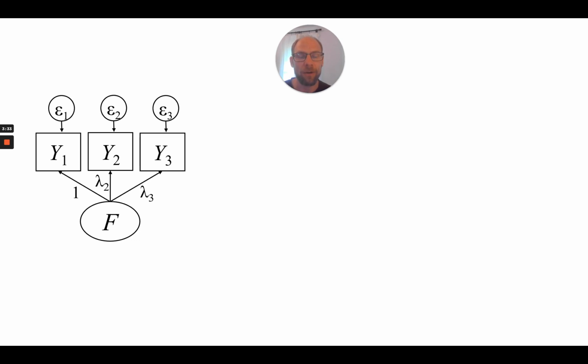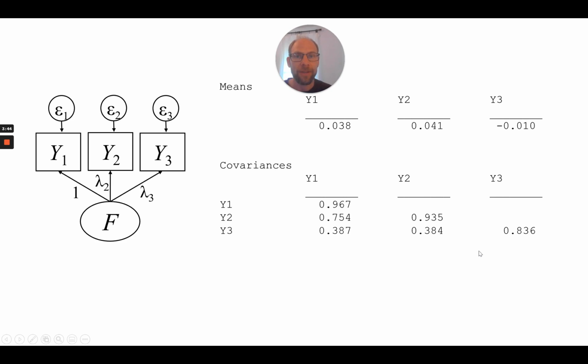Now let's take a look at our observed data and see what information can be used to estimate those parameters. Here you can see the observed variable means at the top, and then the covariance matrix at the bottom. That's all the information that we can use to estimate parameters. With 3 indicators, y1, y2, y3, we have 3 means in our empirical data.